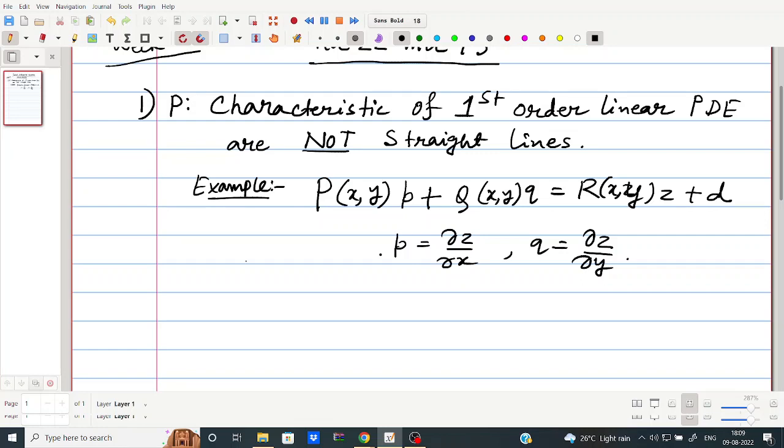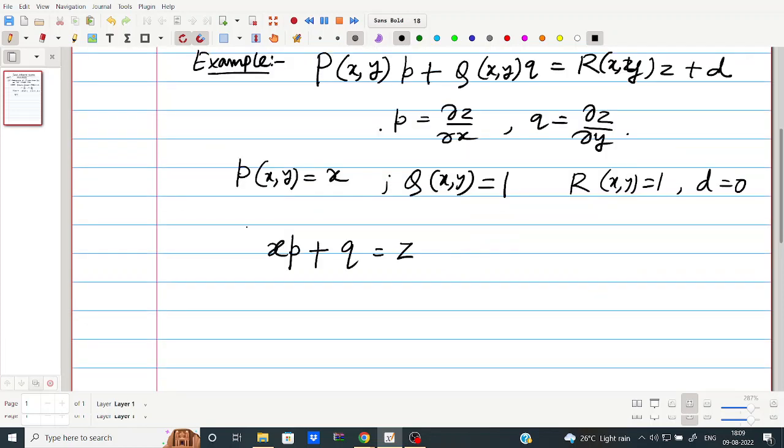So my equation becomes x p plus q equal to z, where p is del z del x. By the method of characteristics, with the initial condition, I am assuming that x of 0 is 1, y of 0 is 0, and z of 0 is again 1.